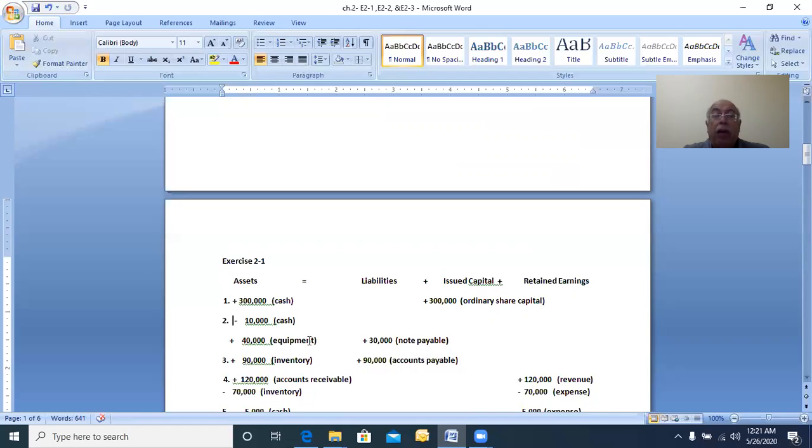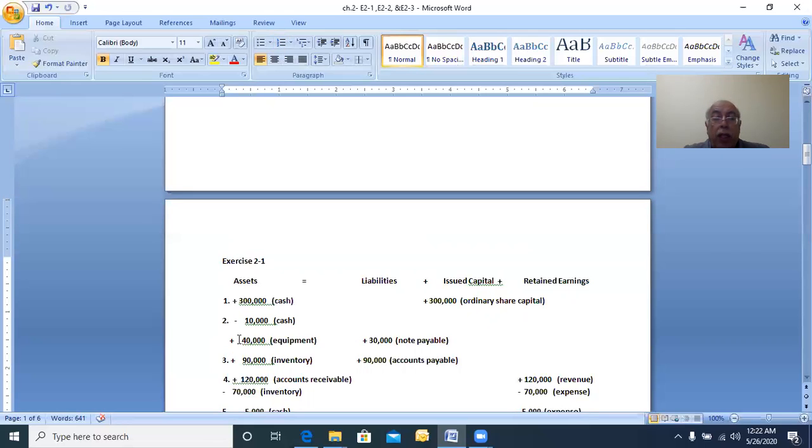At the same time, if you want to go to the other side, why note payable? Because the remaining amount, the balance owed, must be paid later to the supplier. It is 30,000. How can we get the 30,000 here? Because we are applying this second transaction to our accounting equation, assets equal liability plus owner equity and retained earnings.